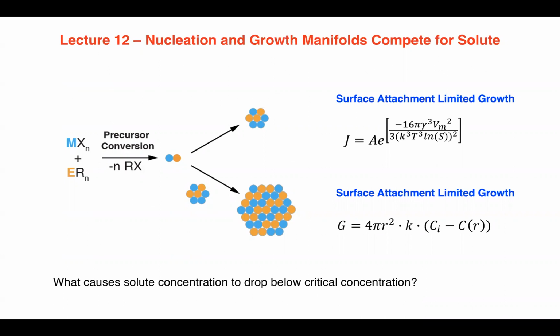And these three legs all have different rates, and depending upon those relative rates, you get different sizes and you get different size distributions. And I've shown here for the nucleation process, the classical expression for the rate of nucleation versus the supersaturation. Here I've shown an attachment and the growth mechanism, but you can have a diffusion limited one here. And then there's the rate constant for the conversion step. And it's the balance of those things that matters.